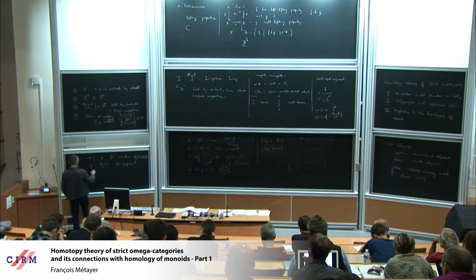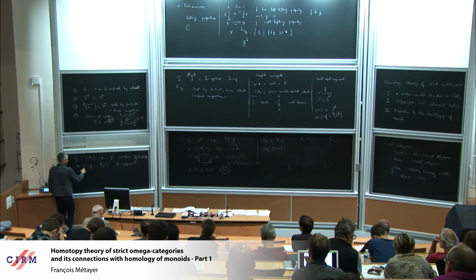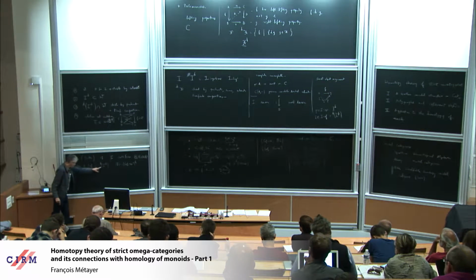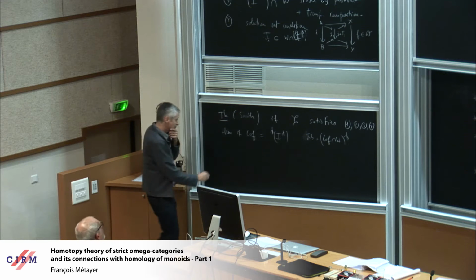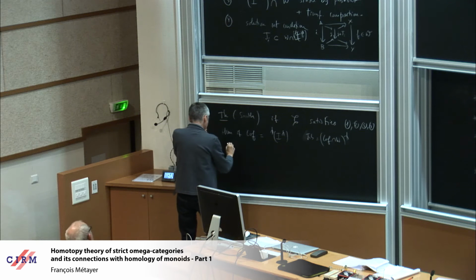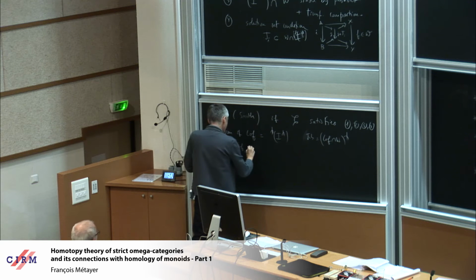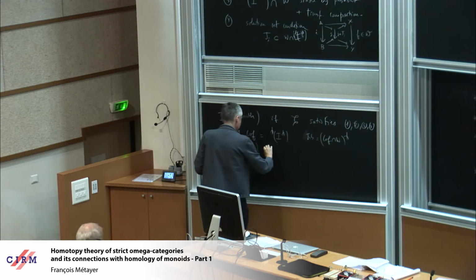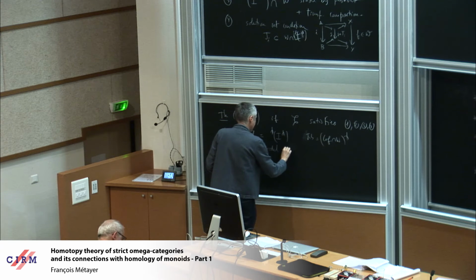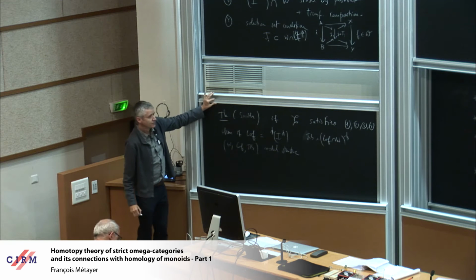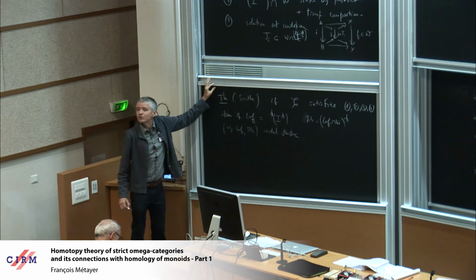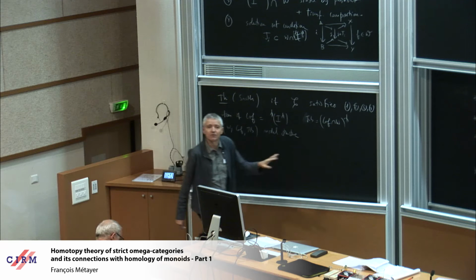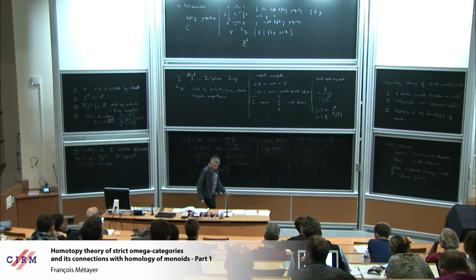Then if you set the cofibrations as those maps, then W cof fib is a model structure. Okay, so much for the general model structure properties.